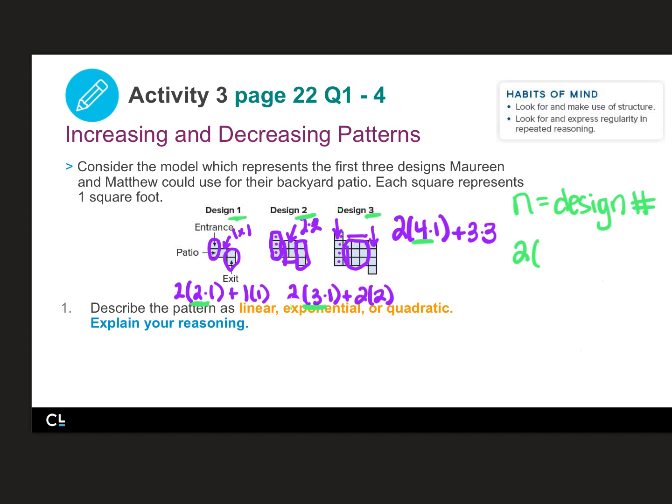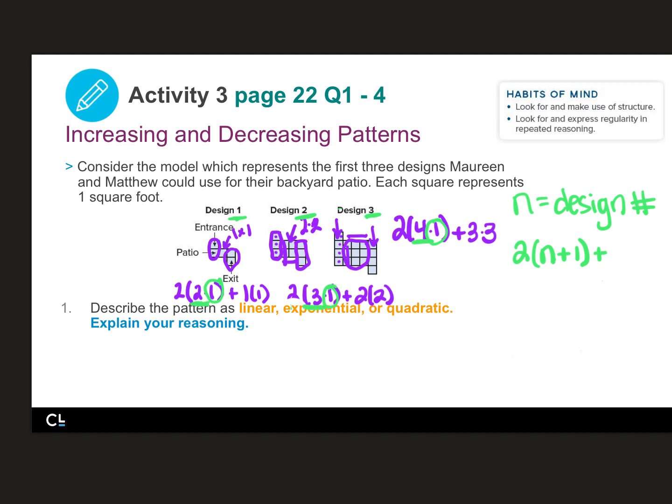So I'm noticing that that height is 1 more than the design number, so I'm going to put n plus 1. Now I did say times 1 on each of these, but we don't need that in the expression unless we really want to put times 1, because we know that multiplying by 1 doesn't change anything. So I'm going to close those parentheses.